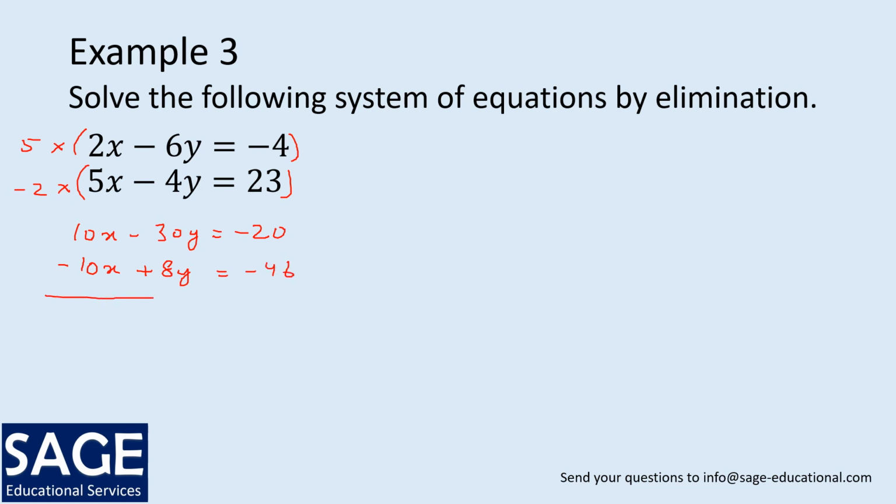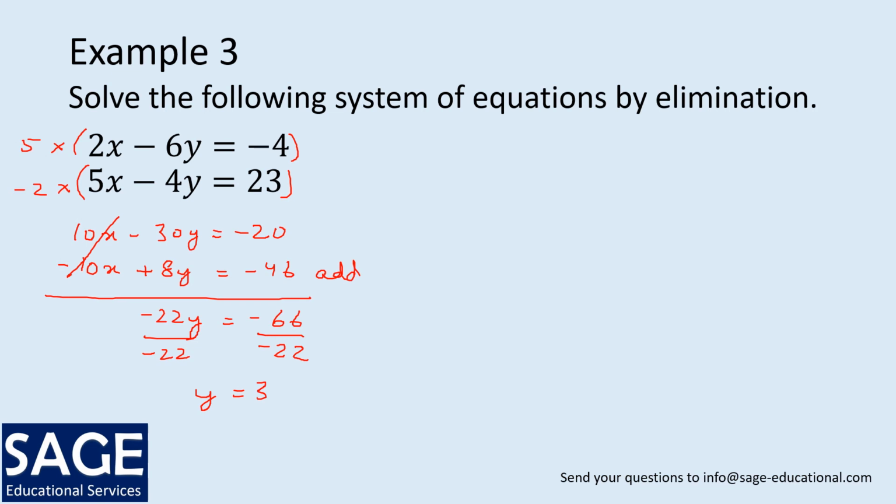You can see that the coefficients of x now are 10 and negative 10. If I just add these two equations, then 10x minus 10x gives me a 0, and here I would have negative 22y is equal to negative 66. Dividing both sides by negative 22 gives me y is equal to 3.